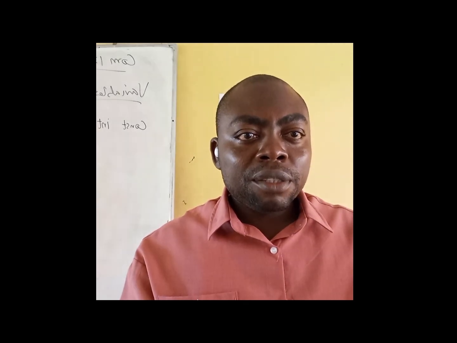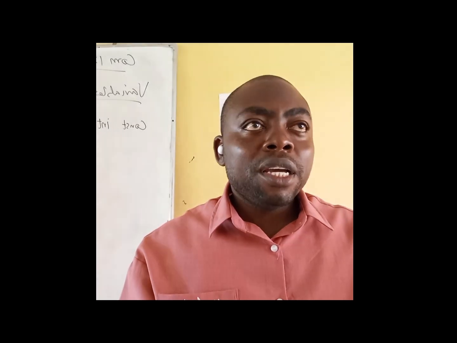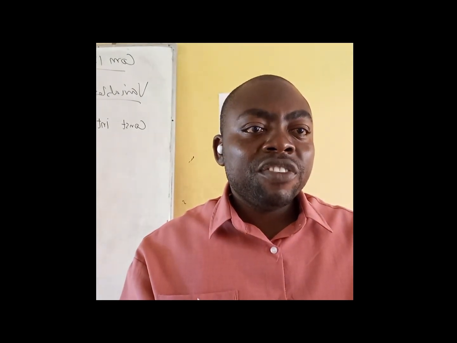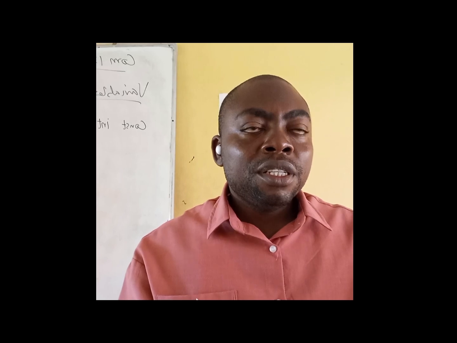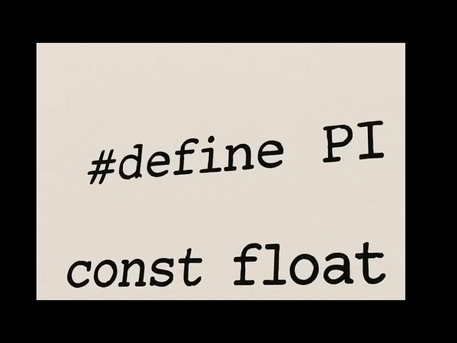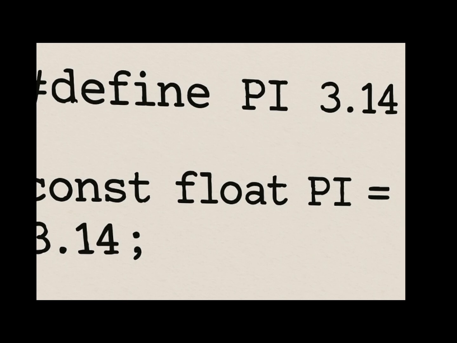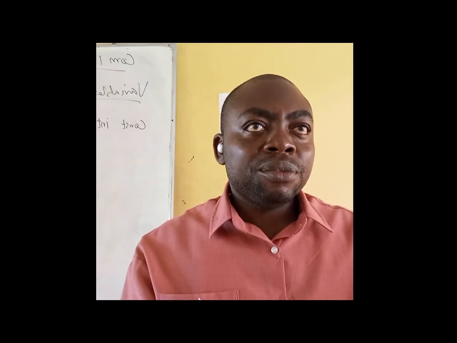The next thing is symbolic constant. Let's look at symbolic constants. Sometimes we give a name to a fixed value using #define or const. The keywords #define or const. Using #define is a preprocessor directive.